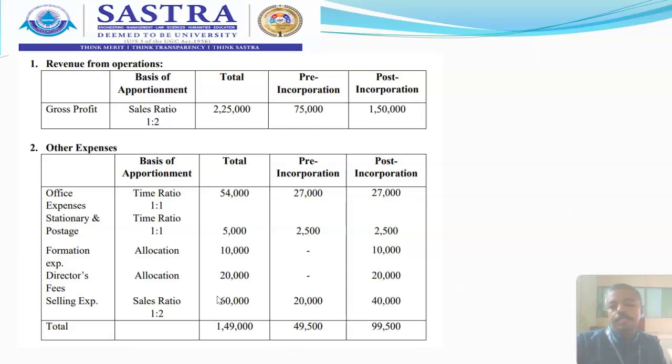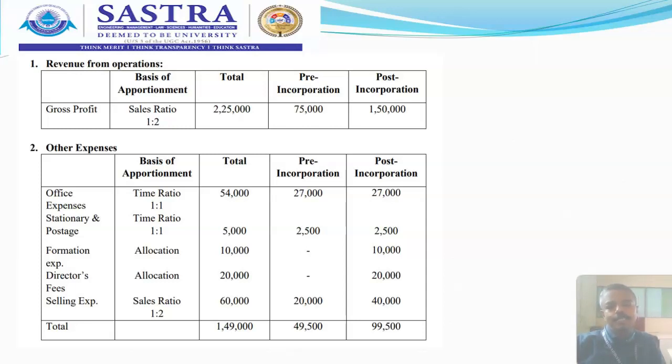Next, selling expenses. Since the word itself says it is related to sales. Sorry for the interruption, let me continue again. The selling expenses are a regular expense from day one of the business, because from day one we start to sell products in the market. So this has to be apportioned.